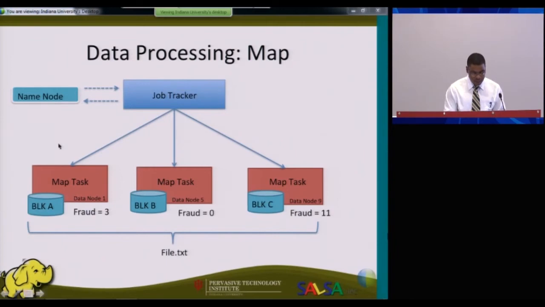So the job tracker will ask the name node where the data is located for the map task. And once I do that, I apply the computation. In this case, I want to count how many times refund actually appears. And that's basically it.